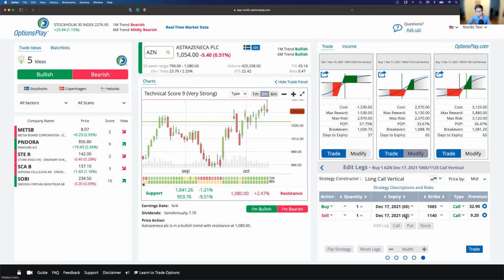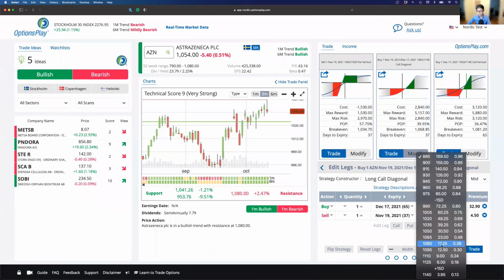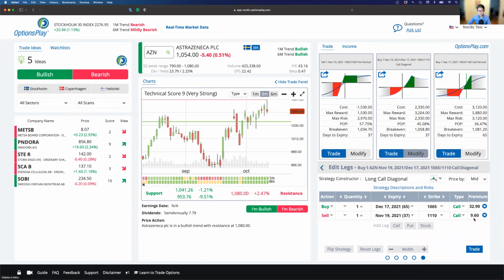But if let's say I sold the November, same delta, maybe a 1110, as you can see, I can also collect 960. So what I'm doing is I'm basically collecting 960 crowns in just a single month, then in 2 months' time.